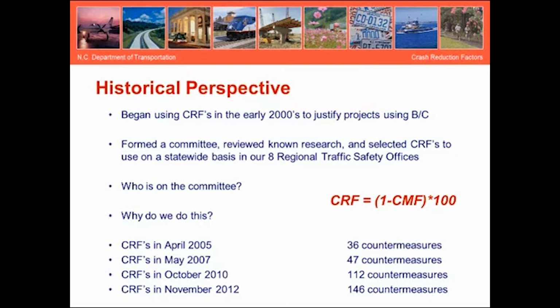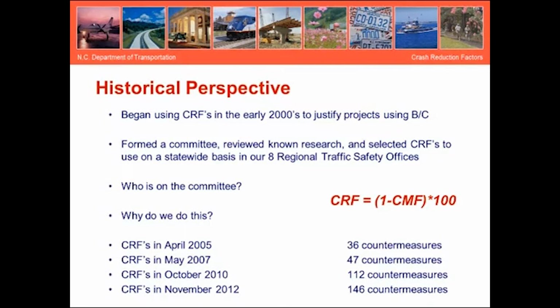Who's on the committee? It's 5 people out of those 15, and then myself. And why do we do this? Back in the early 2000s, we'd have to put a BC sheet together. Someone from the eastern side of the state may use a CRF that was an 80% reduction, and someone from the western side may use the same CRF for a countermeasure that would be a 60% reduction.